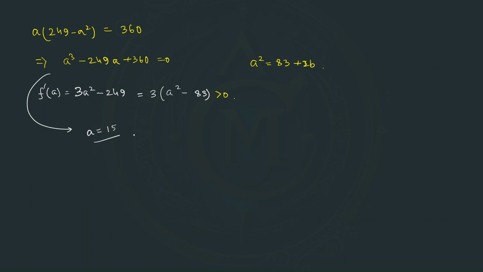So from here we get 15 cube minus 249 times 15 plus 360. If we take the 15 common, it will be 225 minus 249, so 225 minus 249 plus 360.